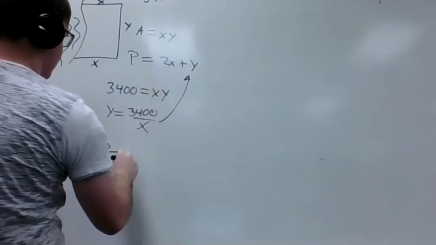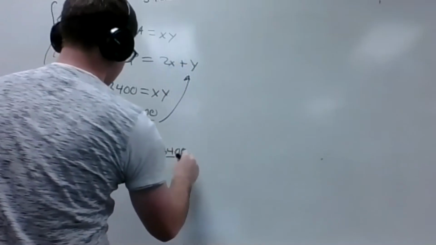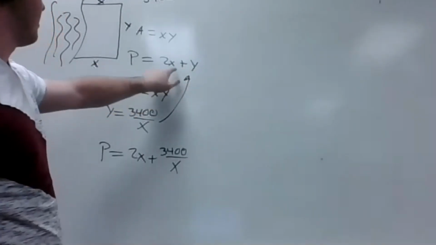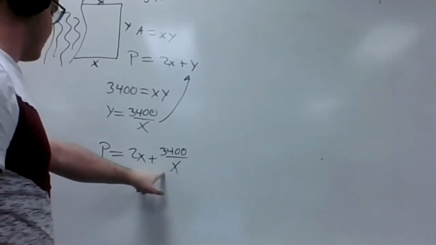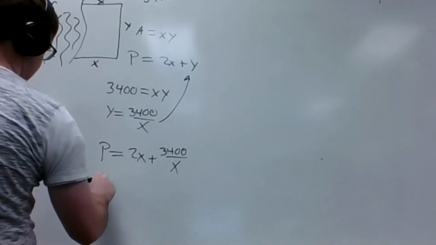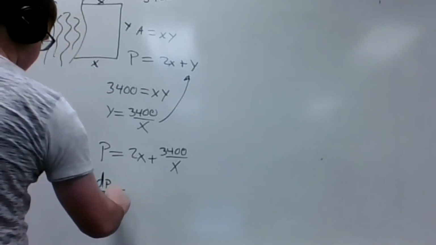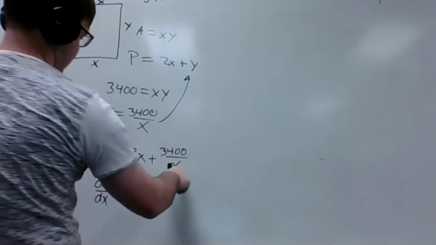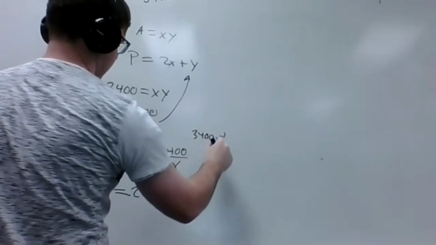So now we can plug this into that equation. So our perimeter is 2x plus 3,400 over x. Now we've solved our problem of having two different variables in our equation. So now we can take a derivative of this. So we're going to just take dP over dx, and that will be 2 plus, this is 3,400 x to the negative 1.